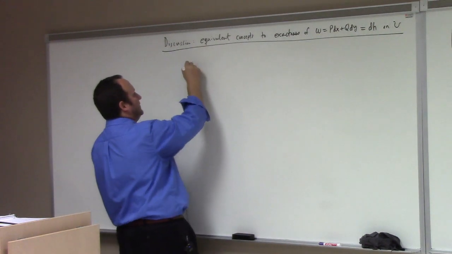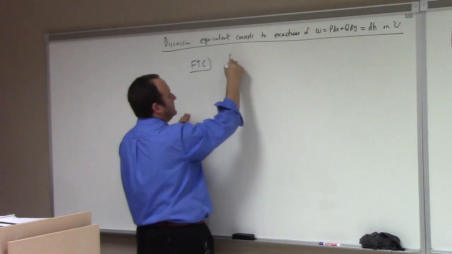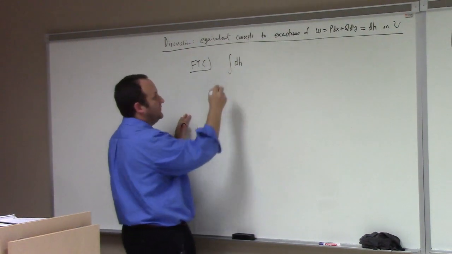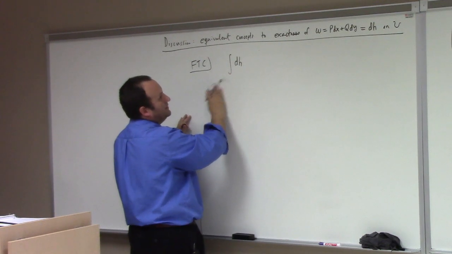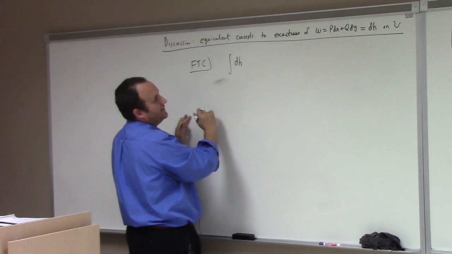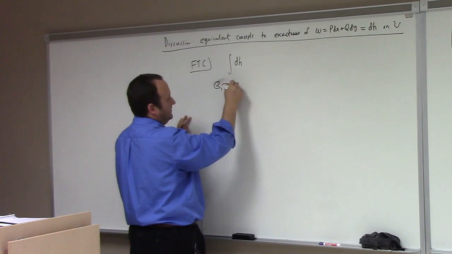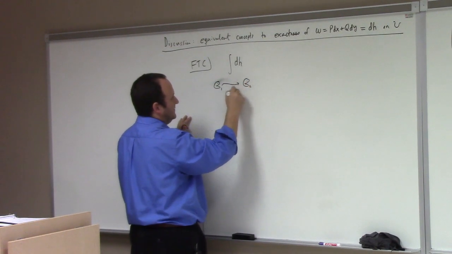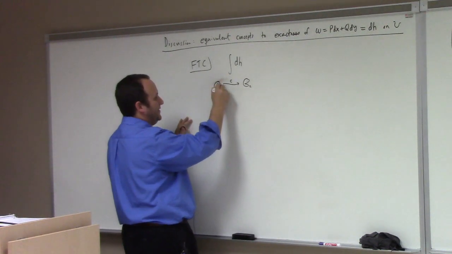So there's a theorem, FTC, and it says that the integral of dh over a curve that goes from, say, Pac-Man 1 to Pac-Man 2, so this is the curve C, integrate over that curve with terminal points Pac-Man 1 and Pac-Man 2.